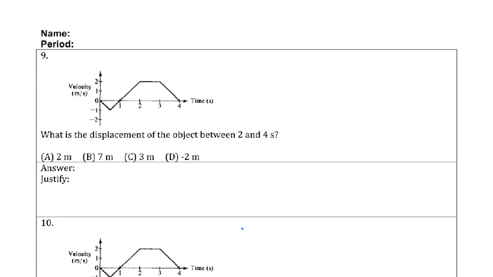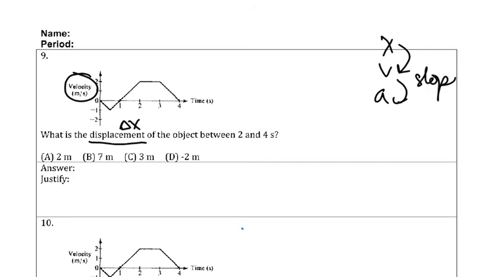Alright, for number 9, it asks, what is the displacement of the object between 2 and 4 seconds? Okay, so I have a velocity time graph, and I want displacement. Displacement corresponds with delta x. So I have x, v, a, and I'm going to make my little chart as usual.